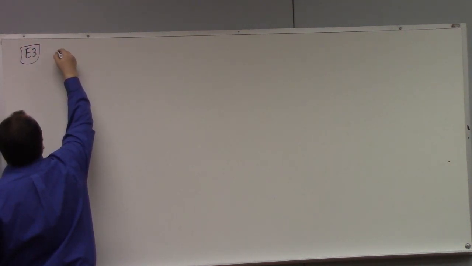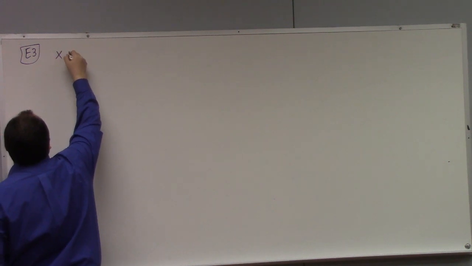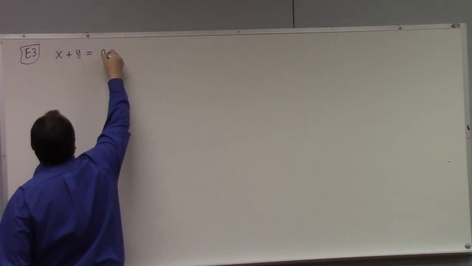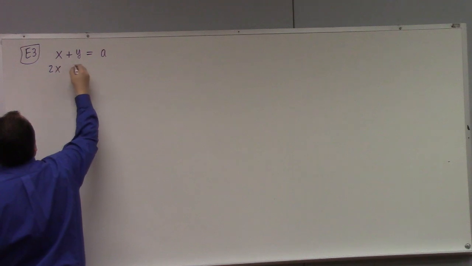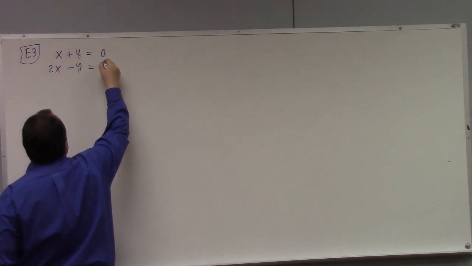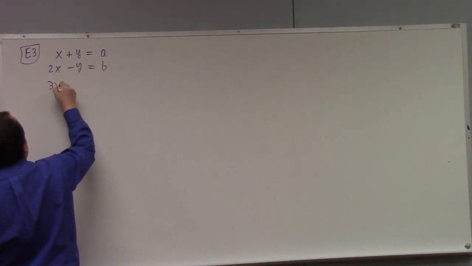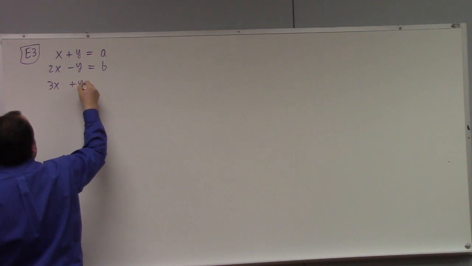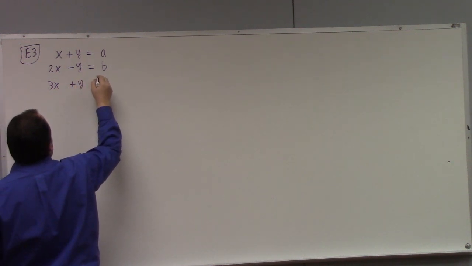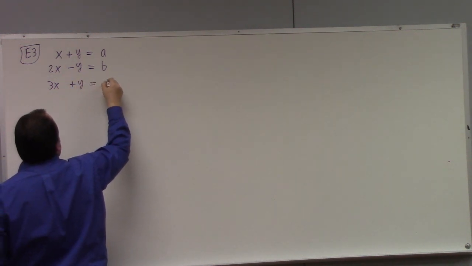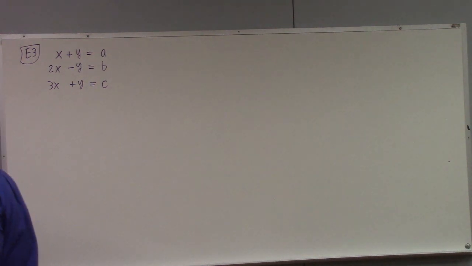Something like, let's say x plus y equals a, 2x minus y equals b, and 3x plus y equals c. Suppose I have these 3 equations and 2 unknowns, and I've got coefficients a, b, and c. I don't know what they are.